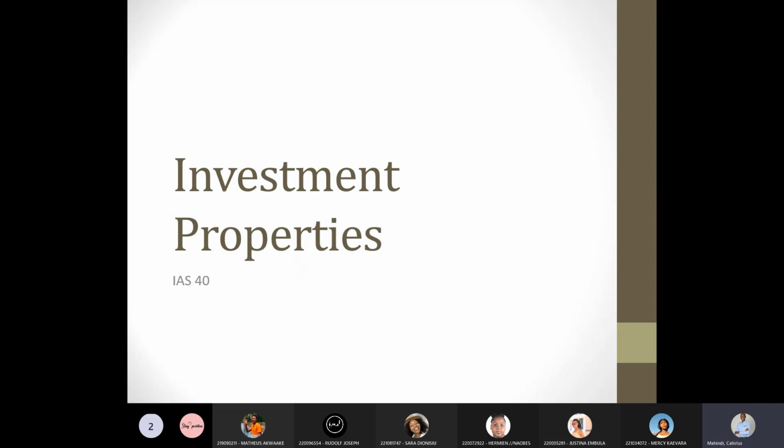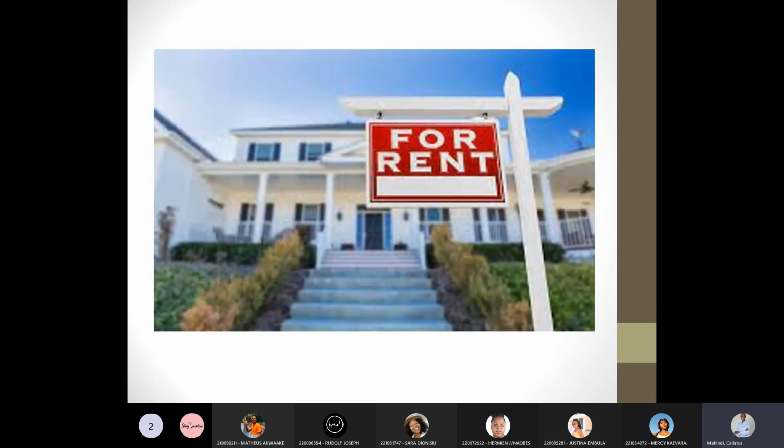Dealing with IAS 40, investment properties. There's a picture. What do you see in the slide in front of you? Anyone?